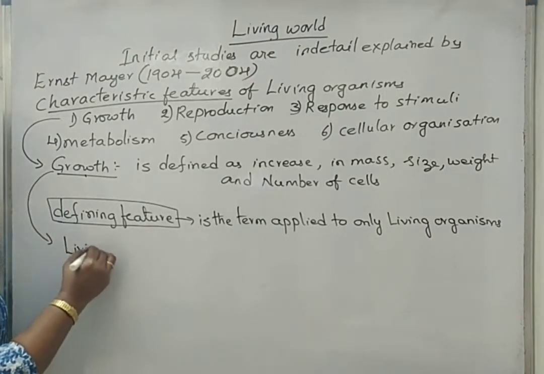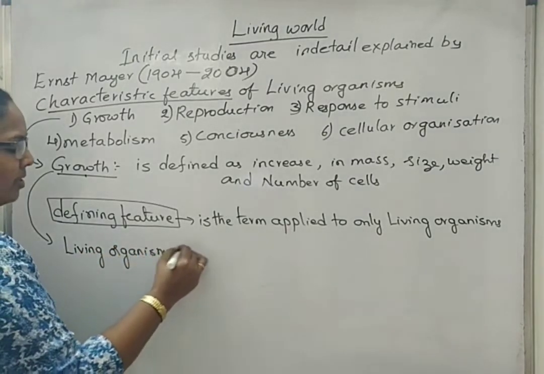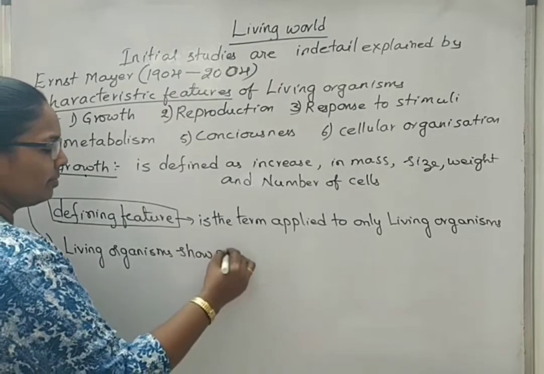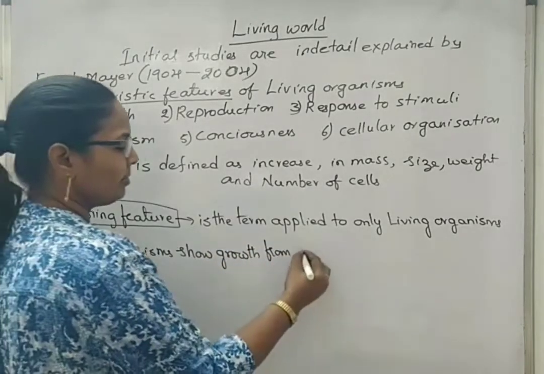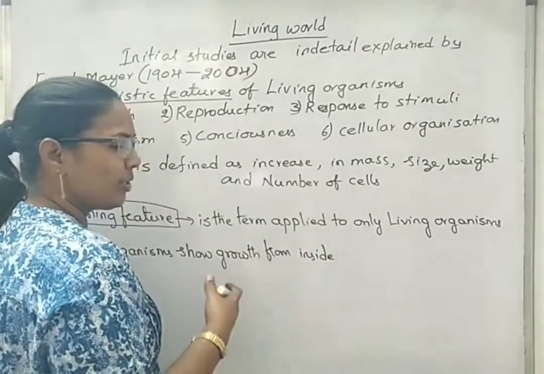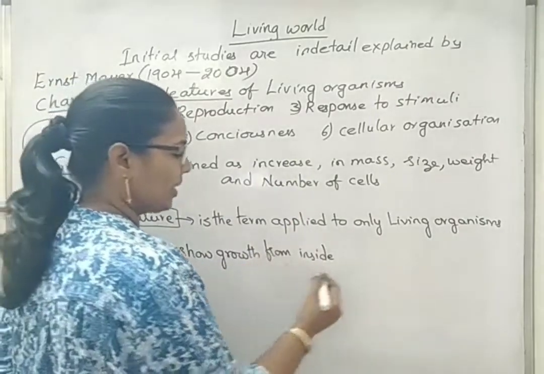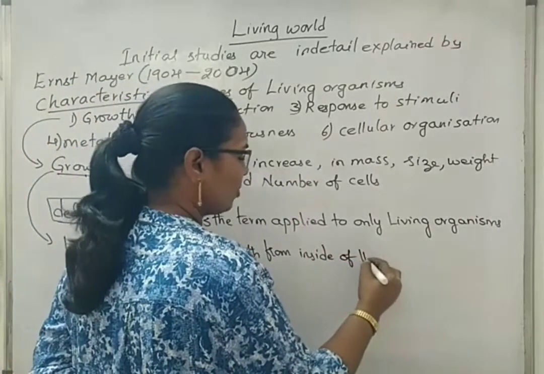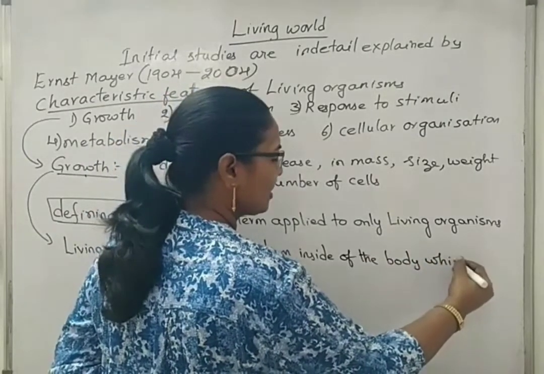Living organisms show growth from inside of the body. It means they start growing the number of cells, and they show the growth externally, or morphologically or phenotypically, which is exhibited externally.